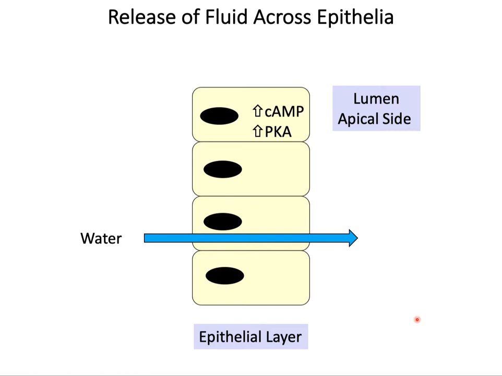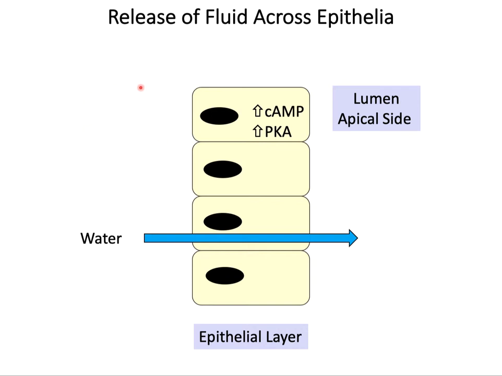So the third example of what can happen downstream of protein kinase A specifically occurs in the epithelial cells. And in this case, the stimulatory G protein signaling pathways are activated, and you can observe the movement of water from the basolateral surface of the epithelia to the apical side.